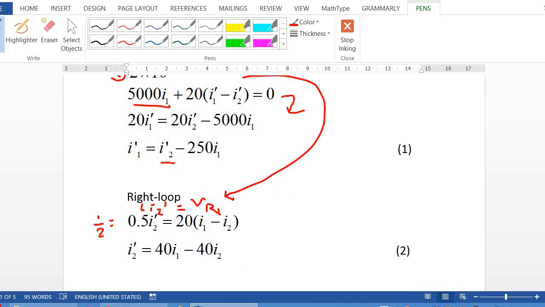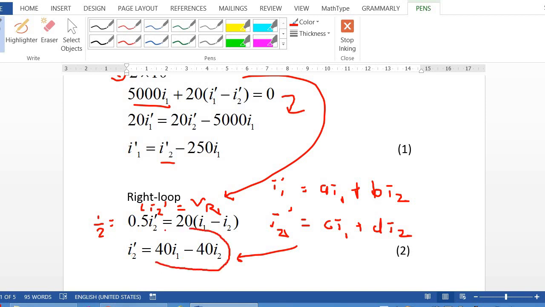What we want is I1 prime equal to a I1 plus b I2, and then I2 prime equal to c I1 plus d I2. Equation 2 is already in this form. However, equation 1 is still in terms of I2 prime. Hence, substitute equation 2 into equation 1.